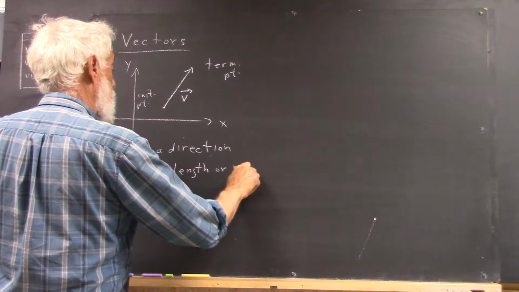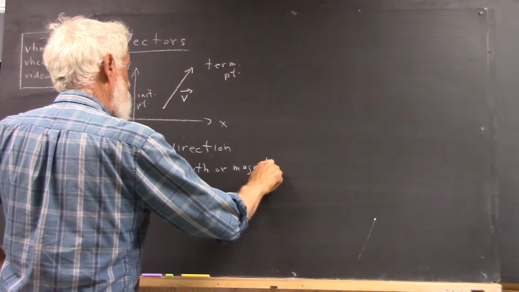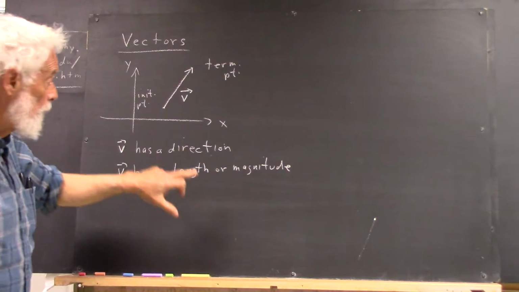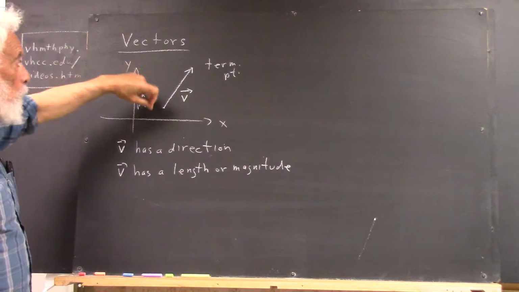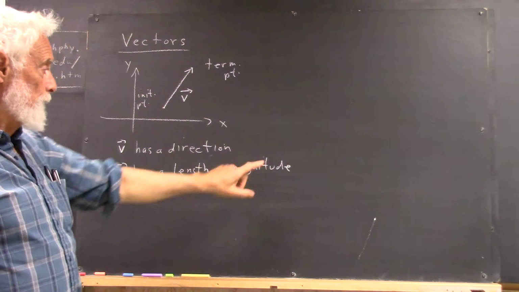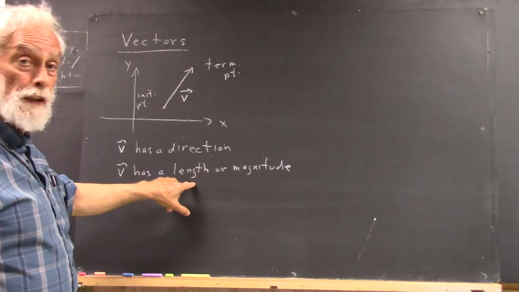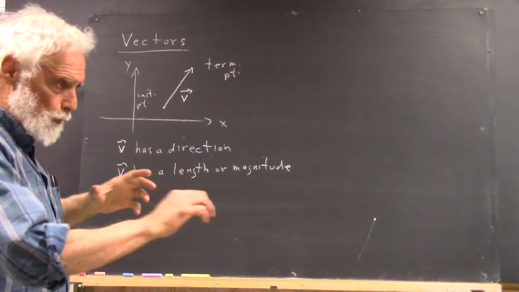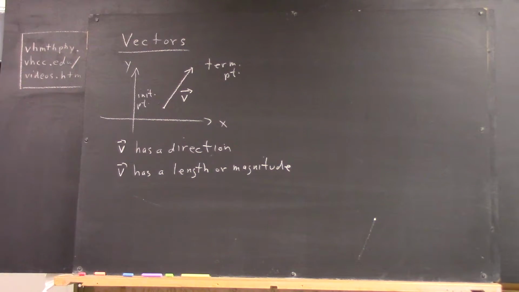Or another term that we will probably use more often is magnitude, because not all vectors are point-to-point vectors. But they always have a direction, and they always have a magnitude that you can think of as what the length of the vector would represent if you were to draw it on paper.